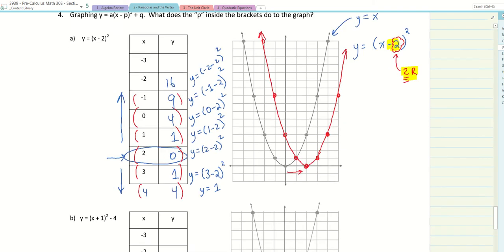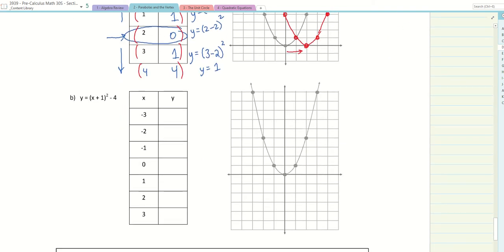All right, so for this one here, let's try to do this one without the chart, and figure out how this regular parabola has been moved. Go ahead and plug in the things in the chart to prove it to yourself. Given that it's plus 1 in there, remember, that's opposite land, so that's actually 1 to the left.